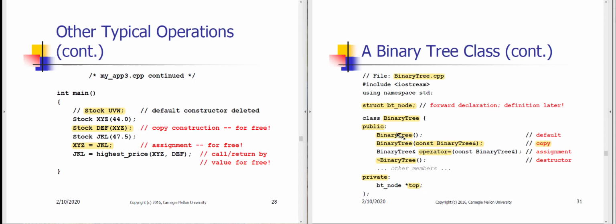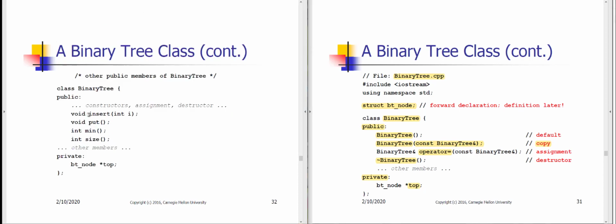Okay, so we have our default constructor, our copy constructor, our overloaded assignment operator, and our destructor. Then we're going to have other member functions that do things that we've already implemented for our original binary tree code, including we want to be able to insert an integer value into our binary tree.